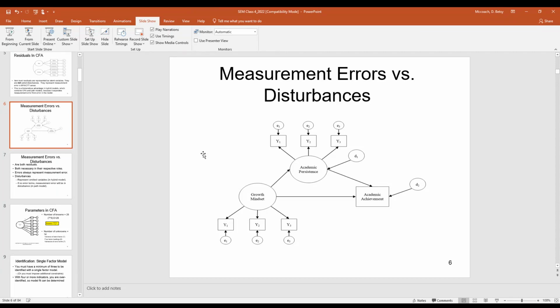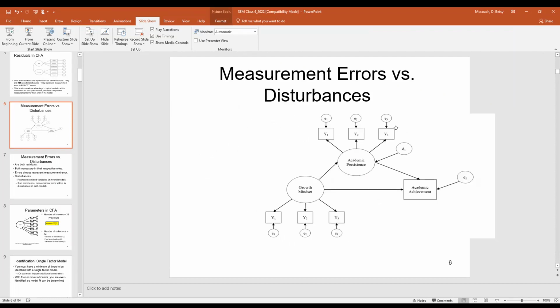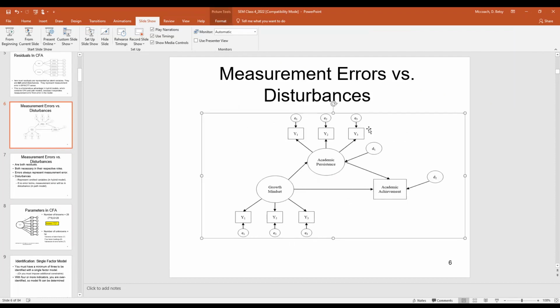Whereas if you look at the academic persistence variable, you'll notice that the measurement error part is really captured in the errors for those y variables, right? Because we're saying each y variable can be explained by the factor, and there's some piece that can be explained by the factor and some piece that can't be. And so we've captured that in these errors up here.